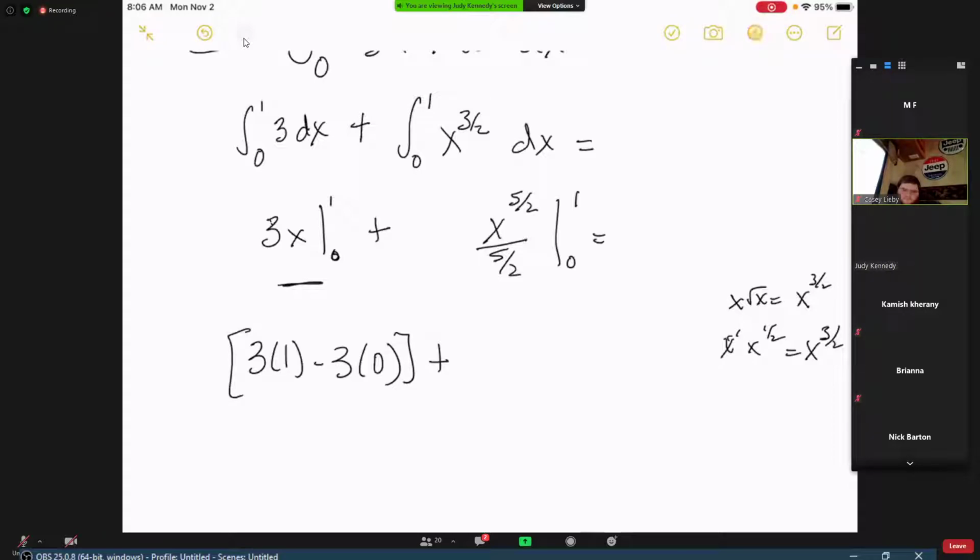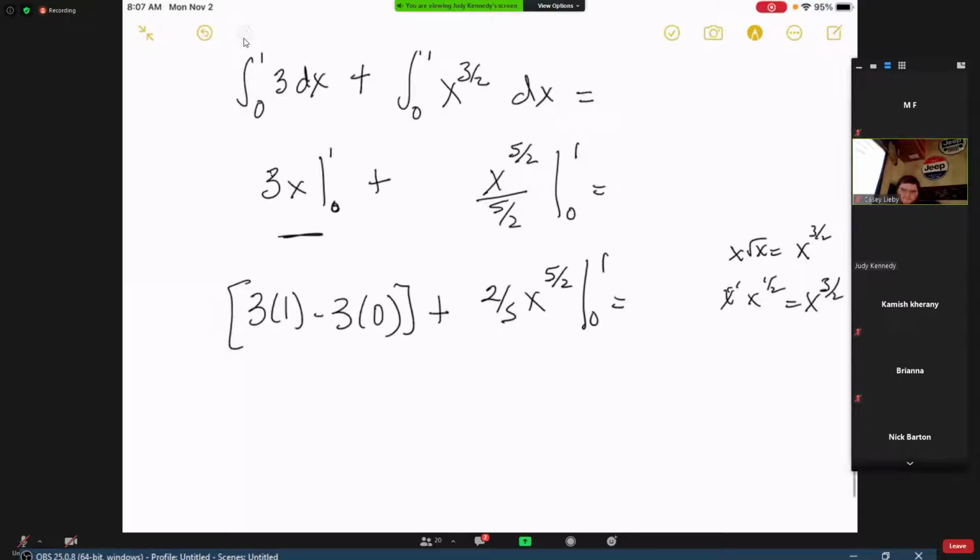Then 1 over 5/2 I can write as 2/5. And so we've got 3 here. Let's evaluate this one. F of b minus F of a: 2/5, b is 1, and then put in 0.